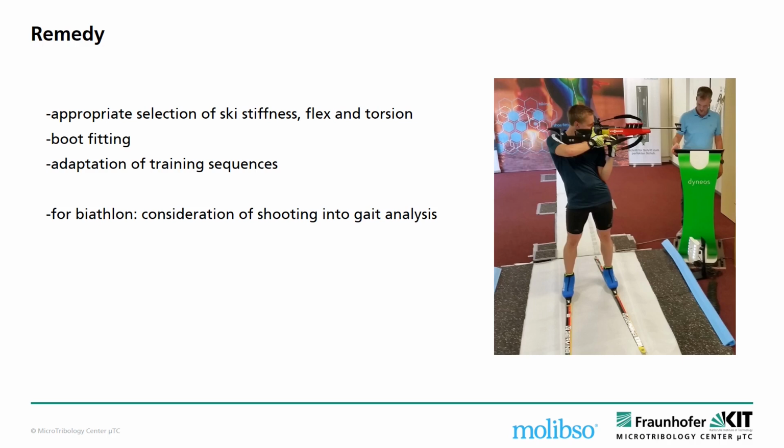Since he has a different situation for the left and the right leg, there is a different muscle situation. There might be an adaptation of the training sequence. And when biathlon is involved, he is a biathlete, we also have to combine the gait analysis, the skiing analysis, and the standing analysis to go for a good position for shooting.